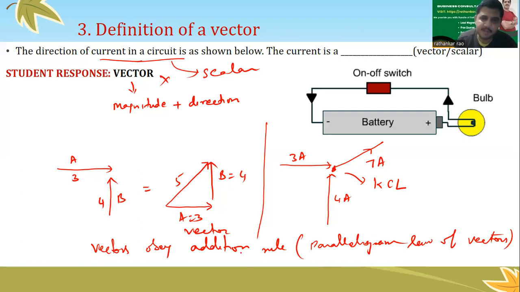If it obeys the parallelogram law of vectors, only then can you say that the entity you are describing is a vector. If it does not obey, then definitely it is not a vector. Though the current should be represented by a magnitude and also by a direction, sideways, upwards, downwards, whatever it is, still it does not obey the parallelogram law of vectors, and hence current is not a vector, but a scalar.